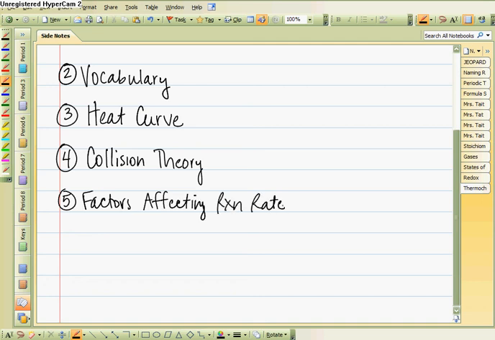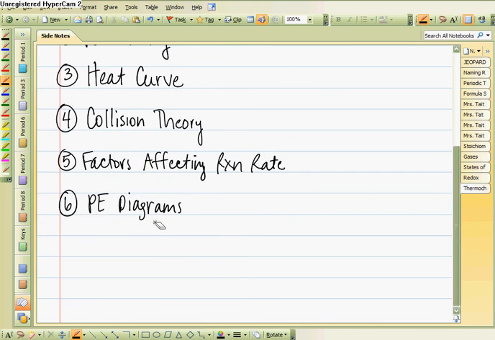And lastly, in this section, you had your potential energy diagrams, which your exam review does ask you to sketch, understanding what activation energy is on those diagrams, where the reactants, the products, the activated complex, all of that good stuff. And that should be sufficient for understanding potential energy diagrams.